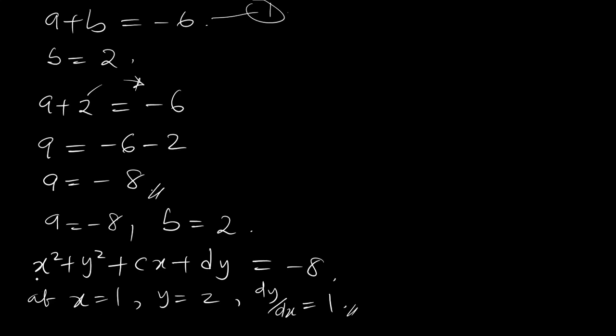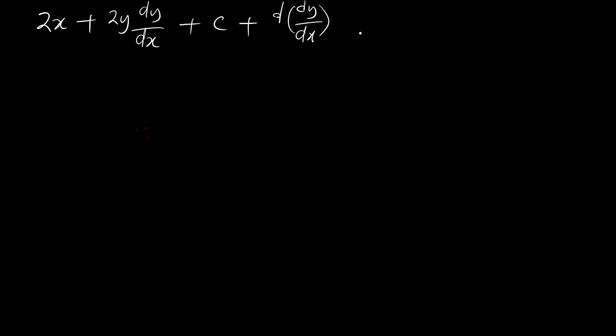So now let's differentiate this to substitute all these expressions. So now you have 2x plus 2y dy/dx plus c plus d dy/dx equal to 0.